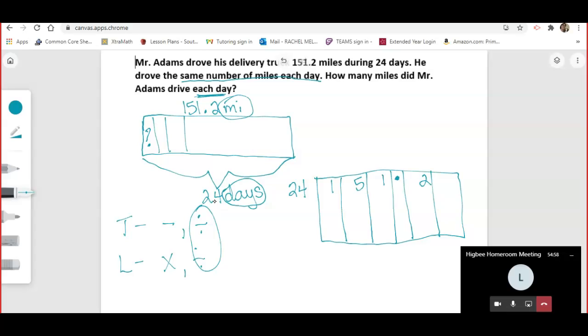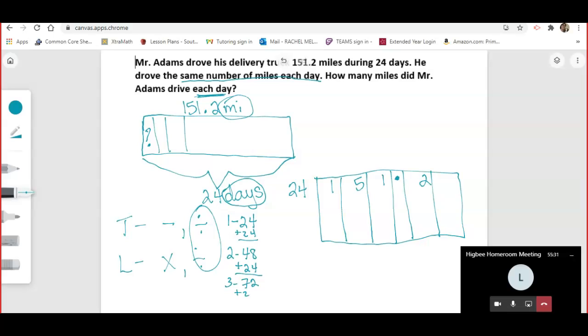So obviously the first multiple would be 24, right? If I add 24 and 24, what do I get? 48. So that's my second multiple. If I add another 24, what do I get? 72.